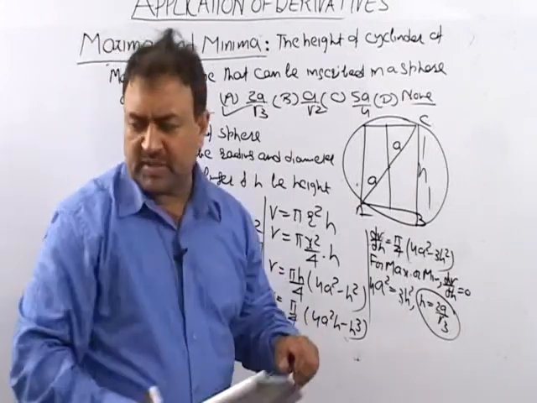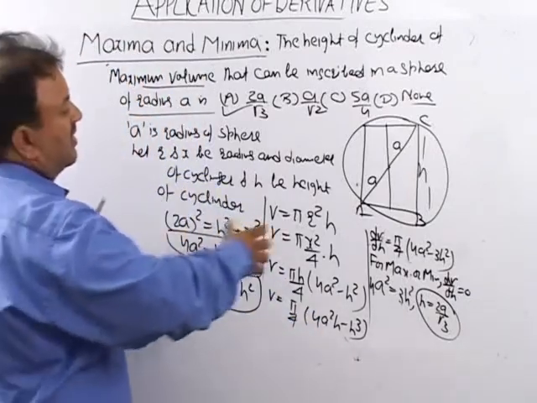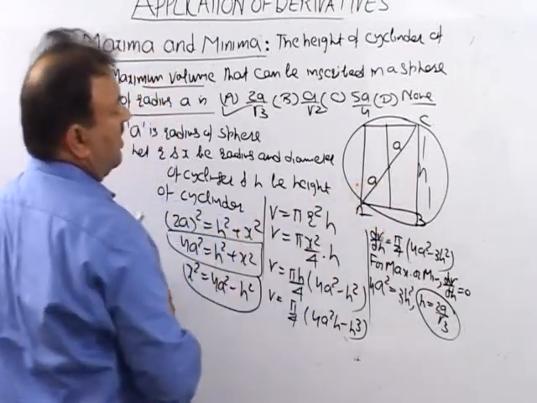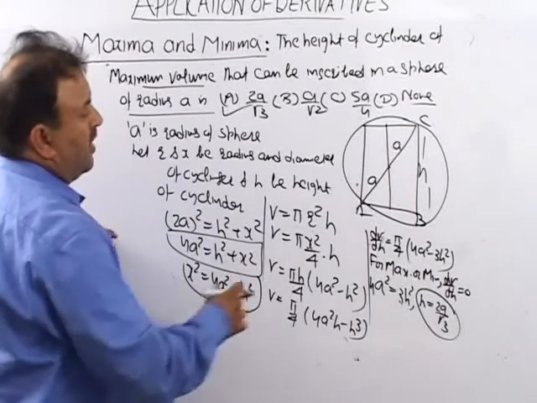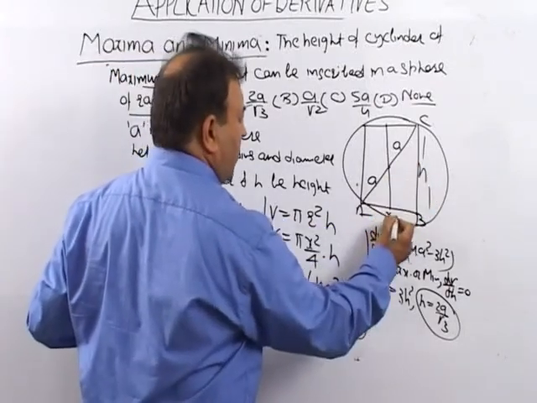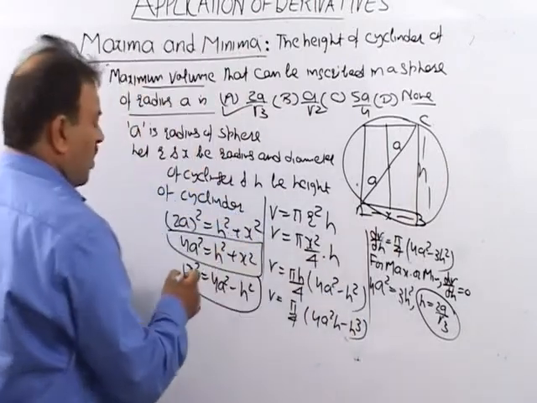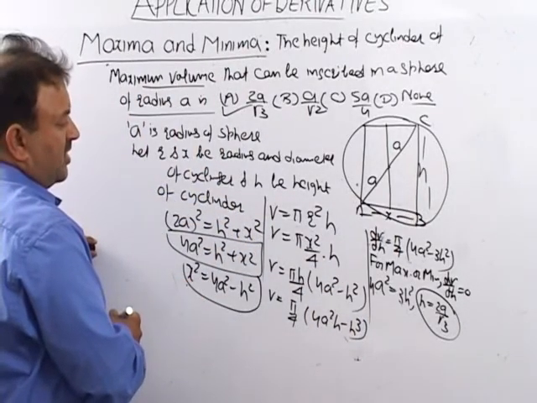So let us do it once again. It was given that a cylinder is inscribed in a sphere. When a cylinder is inscribed in a sphere, clearly it will be like this. This is the height, I suppose, and this is the diameter x. So I got a relation: x square is equal to 4a square minus h square.